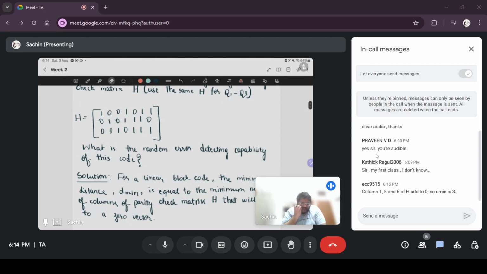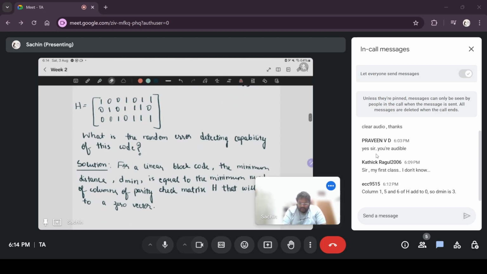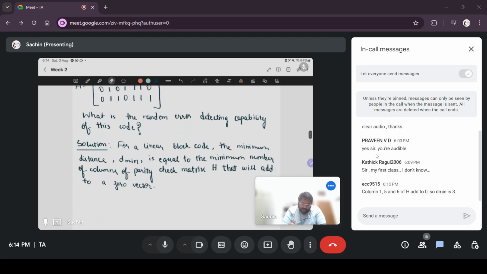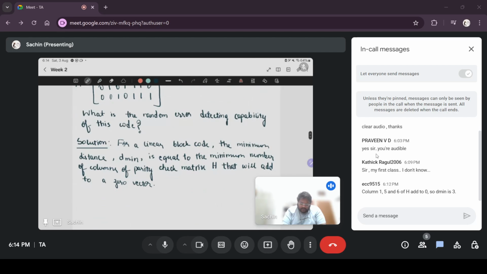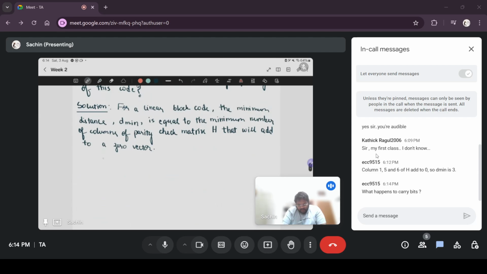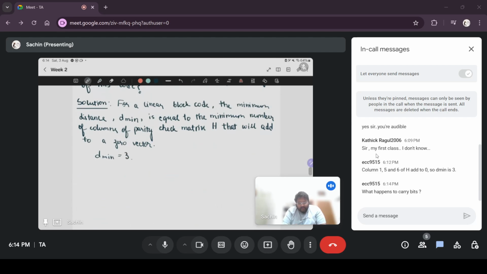So that means those three columns are dependent. So the minimum number of columns which are dependent, in this case that is 3, will be the minimum distance of your linear block code. So d min is equal to 3. That's the first thing you need to find out.